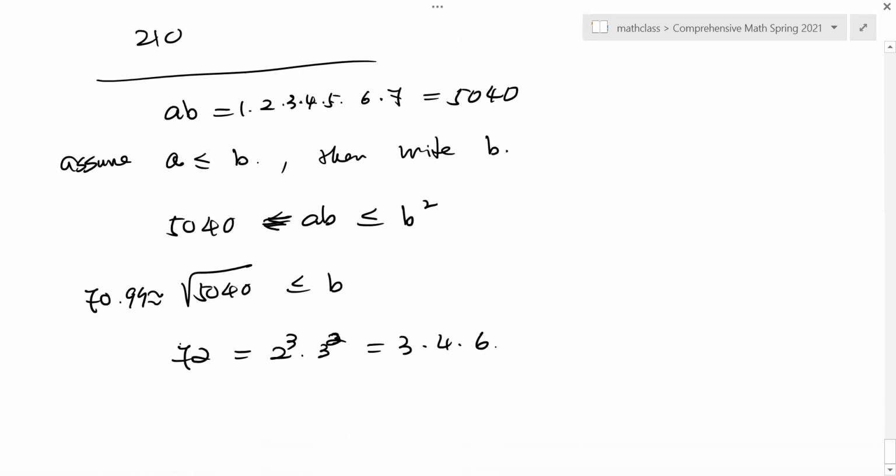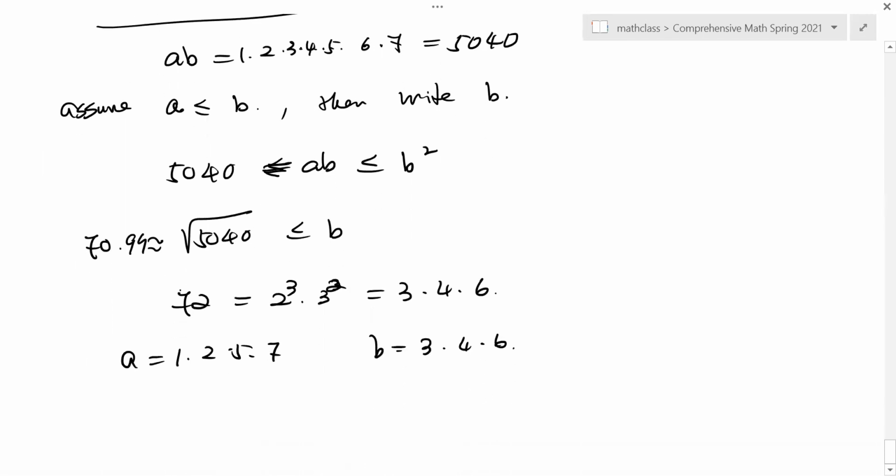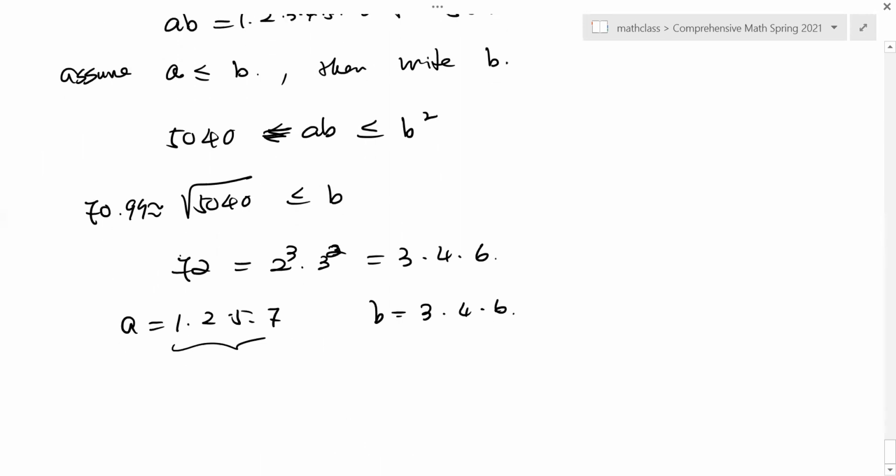Then you can say that, okay, let's say A is going to be 1, 2, 5, 7. B is going to be 3, 4, 6. This is the smallest number you can get. When you multiply this out, what is the product?